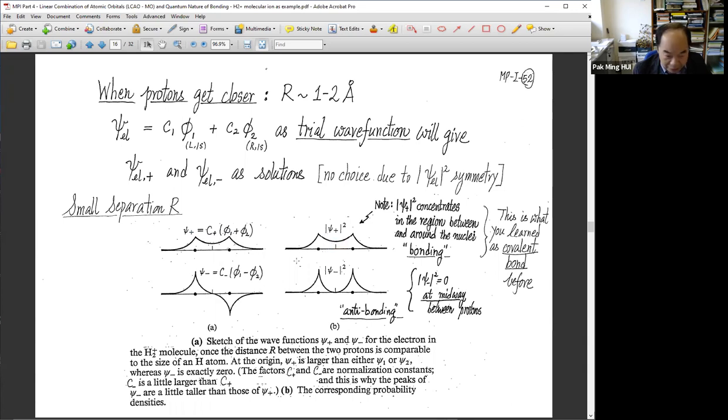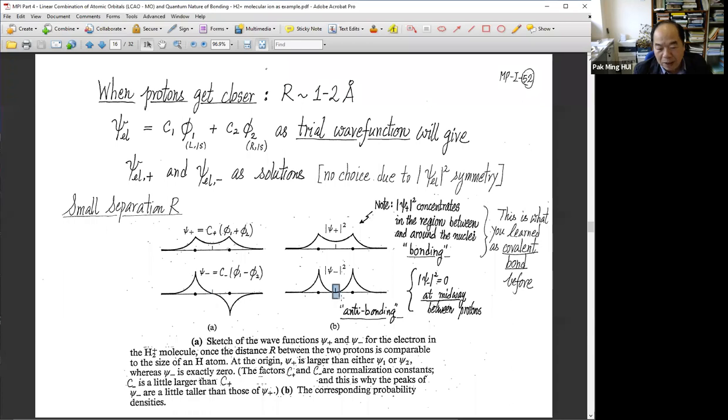However, for the minus combination, the left decays to a certain extent, the right also decays to the same extent, but with the minus sign, they completely cancel at the midpoint. Therefore, you have a node at the midpoint. In 3D, it is called a nodal plane, okay? Because it's a 3D problem, I'm drawing it as a 1D picture. If you square it, then the difference is very clear.